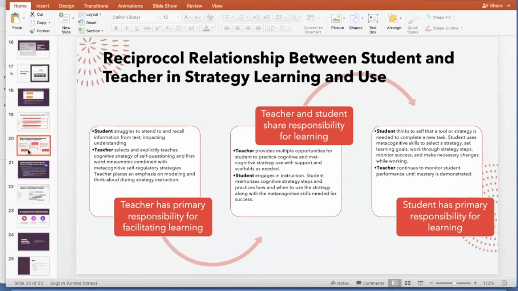With strategy instruction, I think it's important to think about this reciprocal relationship between the teacher and the student. With all types of instruction, students and teachers share some responsibility for learning. But with strategy instruction, the responsibility shifts back and forth in a way that's kind of unique.